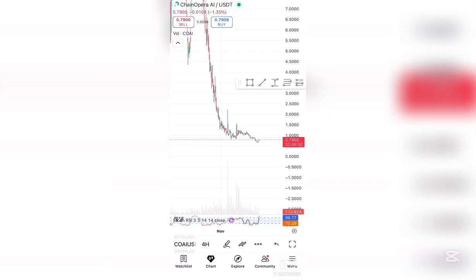So when you are free, you can be changing the time frames so that you know how diverse the charts will be and become familiarized with them. This 4-hour time frame means that every candle you see here, whether red or green, stands for 4 hours. You will see the importance of all this as we move along.